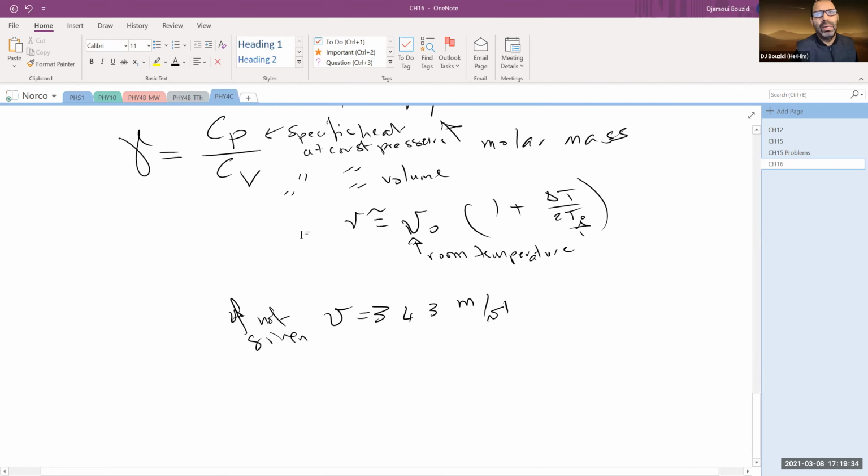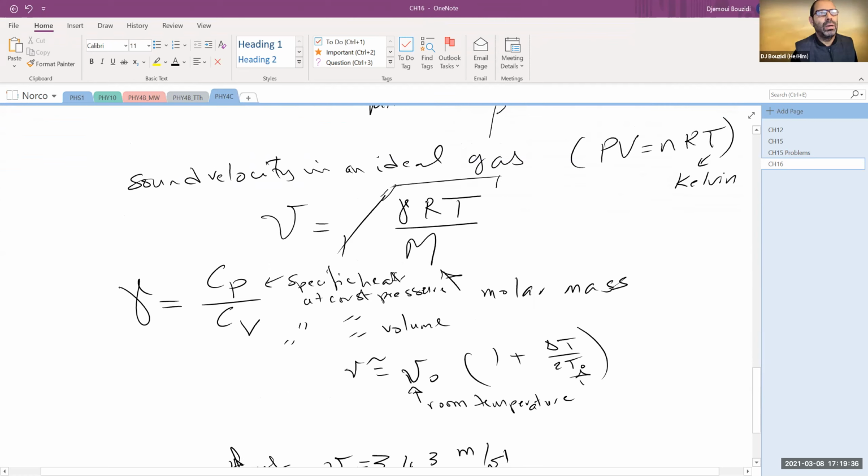This gamma in here: there was actually a debate about whether or not sound involves constant temperature or something else, and the expression that Mr. Newton came up with was wrong. Later on, it turns out sound travels without exchange of heat, because it is so rapid that there is not enough time for heat to be exchanged. That's why this factor of gamma came in.